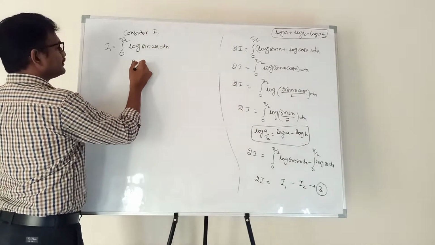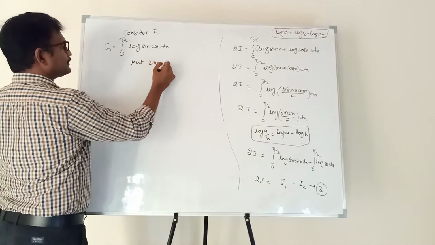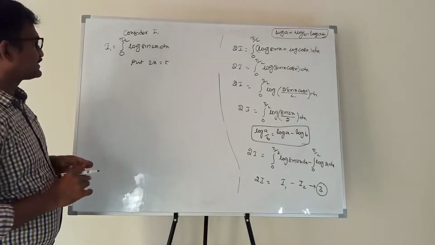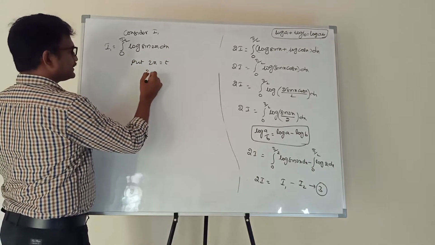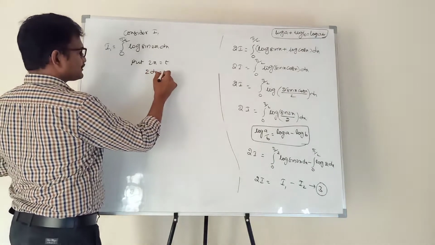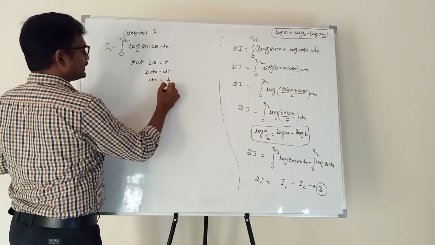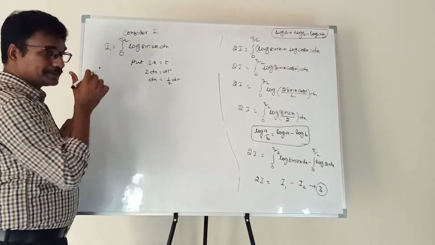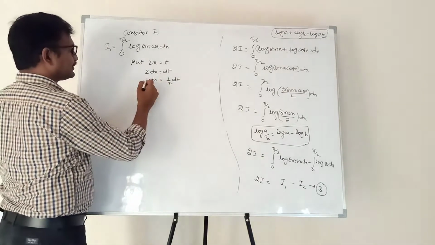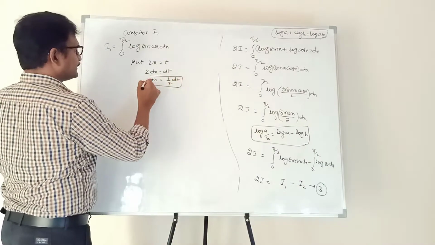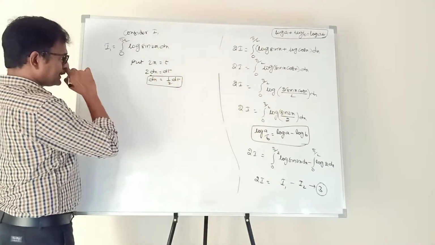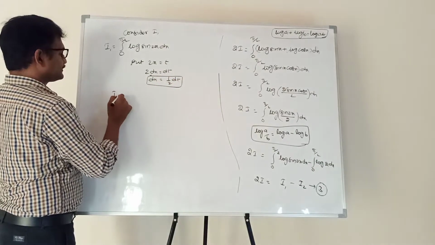In this, put 2x is equal to t. Differentiating with respect to x on both sides, 2 dx is equal to dt. So dx is equal to 1 by 2 dt. Next, change the lower limit and upper limit.